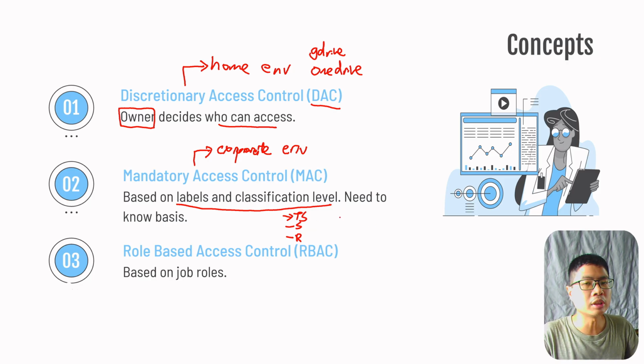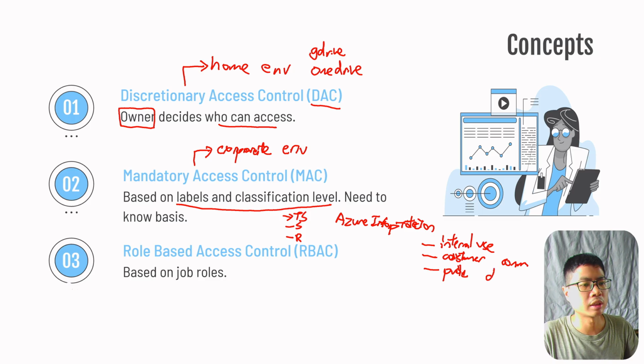A more contemporary example would be something called Azure Information Protection, which your company might have deployed. When you try to save a Word document or a PowerPoint file, you'll be asked if this is for internal use, which will prevent you from sharing it or emailing it out, or whether it's a customer communication, or whether it's meant for public dissemination.